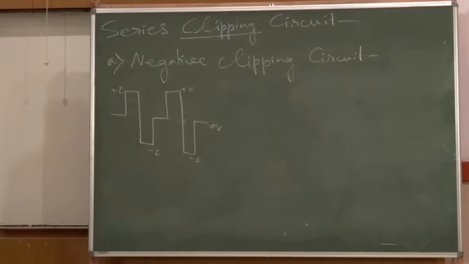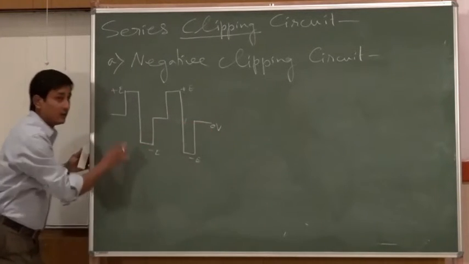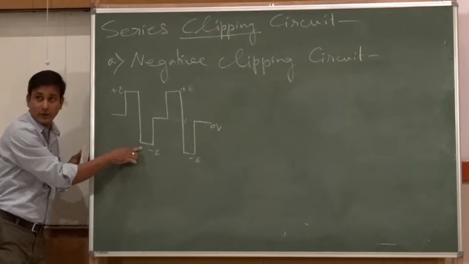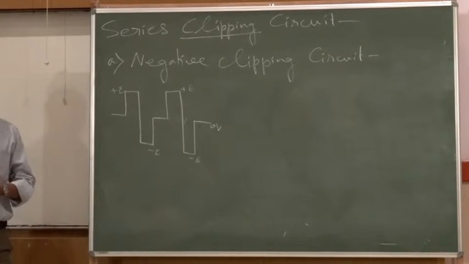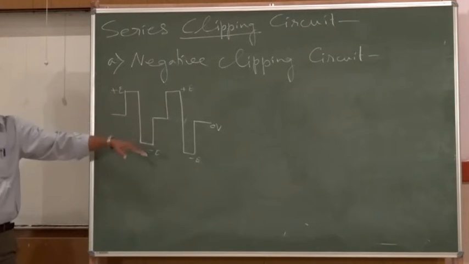This is an electrical signal, or one wave shape for an electrical signal is presented here, where this is the 0 voltage level, and it goes up to plus E volt and down to minus E volt. But I am interested in passing only this positive portion and clipping off the negative part.